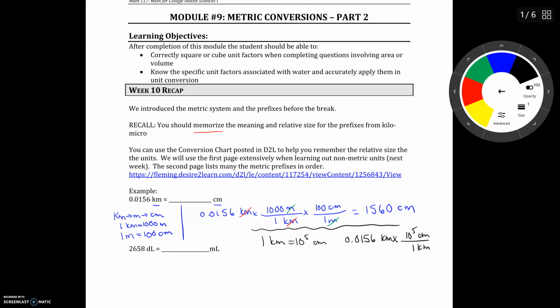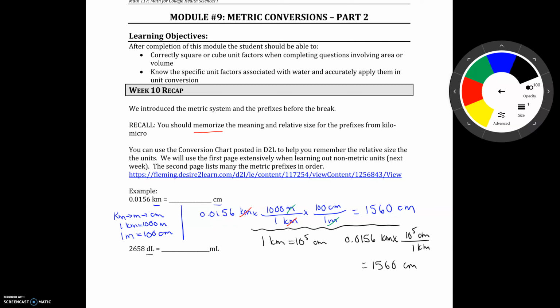We would put 0.0156 times 10 to the power 5 into our calculator, and it would still come out to 1,560 centimeters.